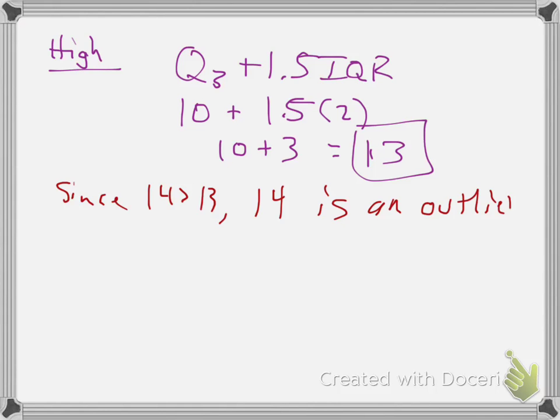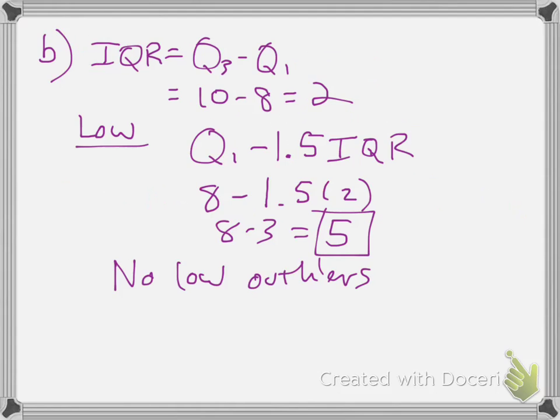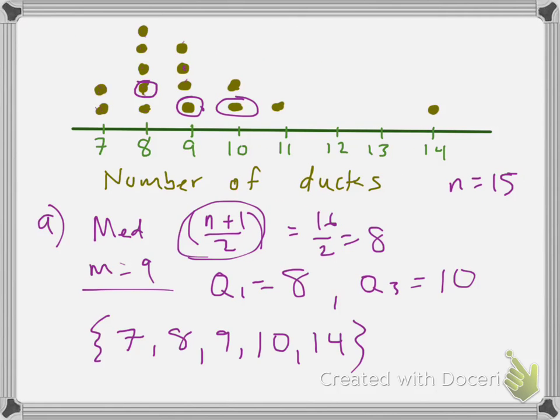So we do have one outlier in this case, as we kind of suspected. Again, going back to this dot plot, we look at that and we go, yeah, 14, that's not terribly far away from a majority of the data. So why is 14 an outlier? Well, it's partially because look at that tiny spread, 7, 8, 9, 10.